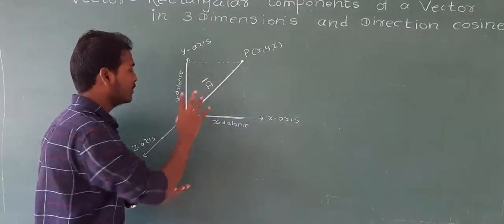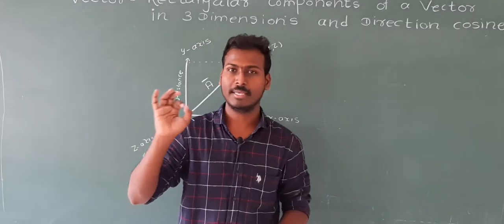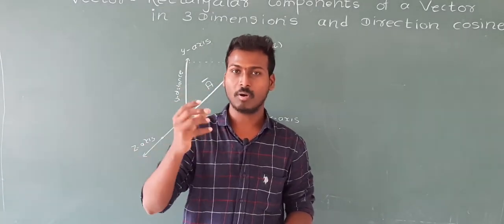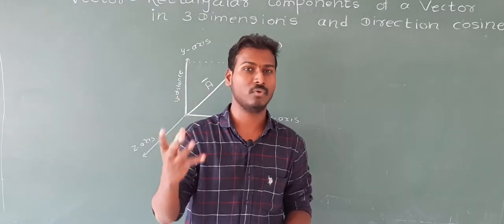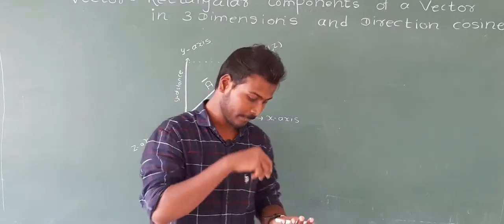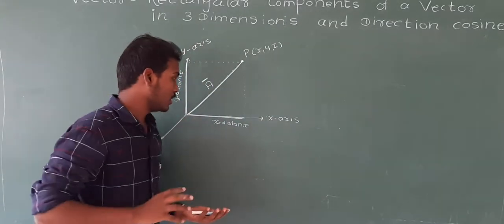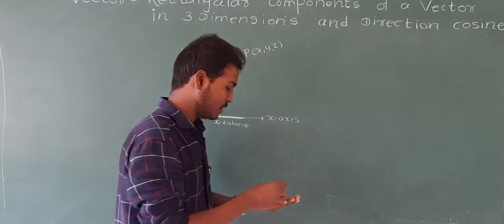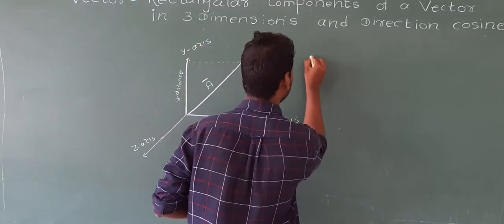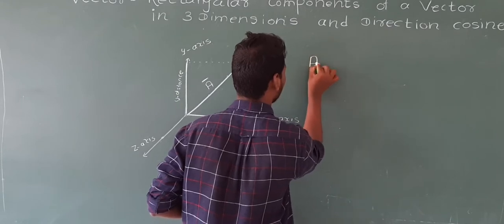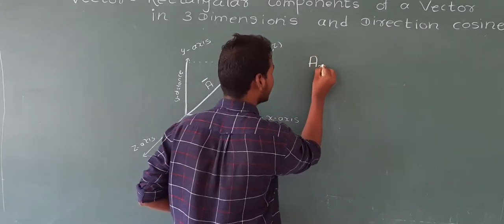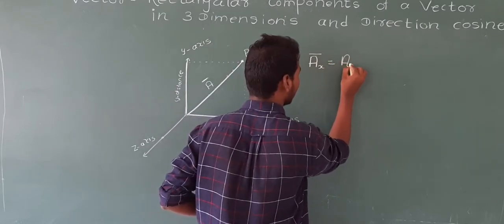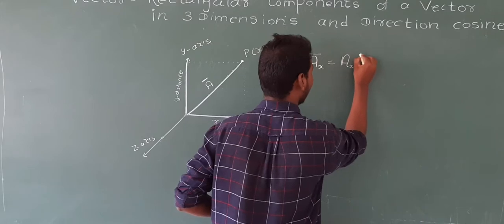So now let's say we have any random vector A bar. You know that we represent a vector by putting a bar on top of the symbol. For example, for force we represent it by F bar. If I want to show a vector only on the x axis, you know how to represent it: Ax bar is equal to Ax into i cap.